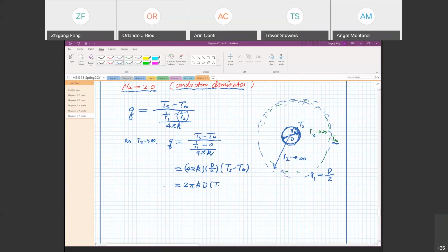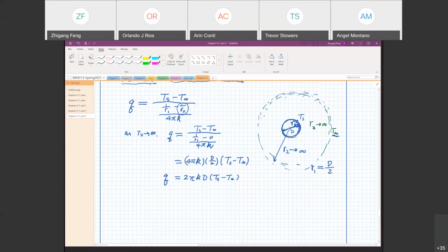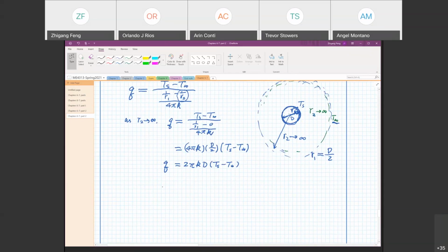So that's a Q. But if we use a different equation for Q, we use Q equal to h, the convection coefficient, multiplied by the area of the sphere, which is pi d squared, multiplied by Ts minus T infinity. This is a more general equation which relates Q with h.